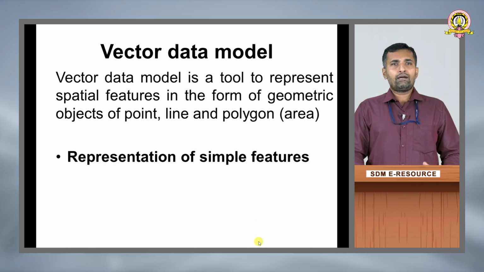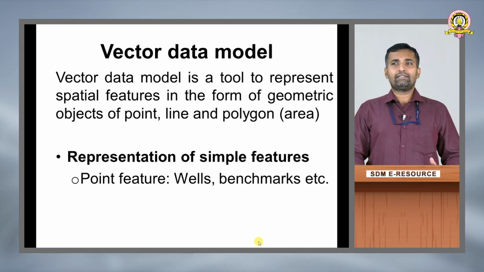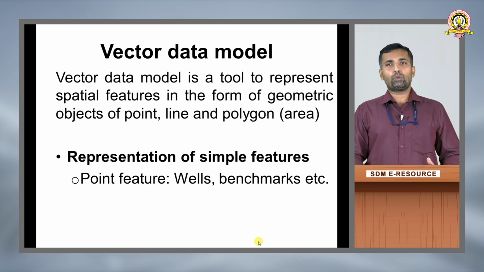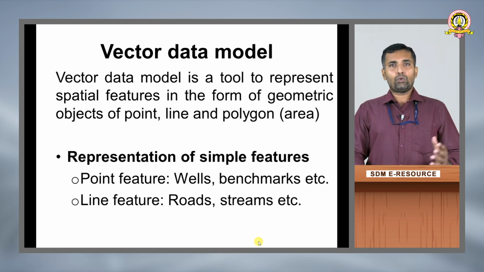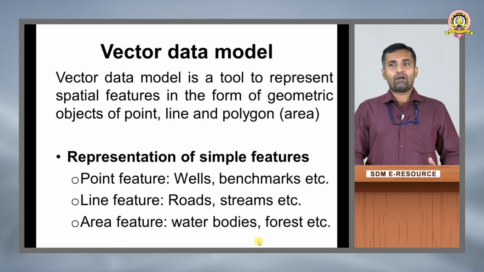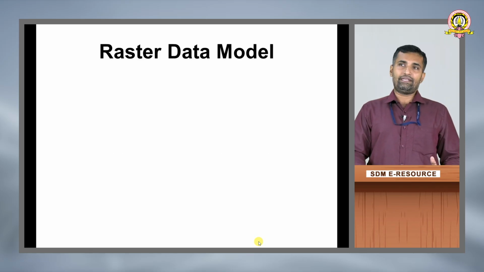You can represent all earth surface features in the form of point, line, polygon. For example, bore wells can be expressed in the form of points. Line features like roads, drainages and streams can be expressed in the form of line features, and water bodies, forests, land parcels can be expressed in the form of area features.